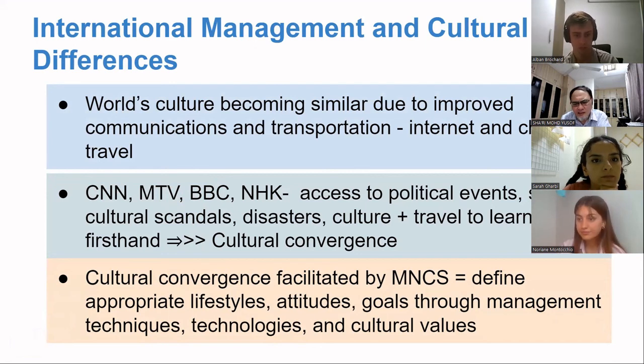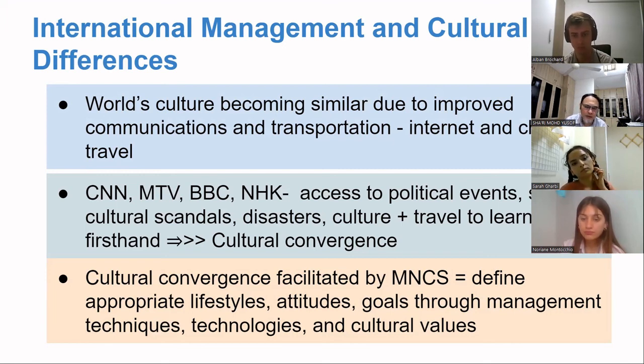We have the so-called Big Mac index, how much does a Big Mac cost, and they can compare the cost of goods all over the world. So the convergence facilitated by MNCs defines our lifestyle, attitudes, and goals through these management techniques, technologies, and cultural values.